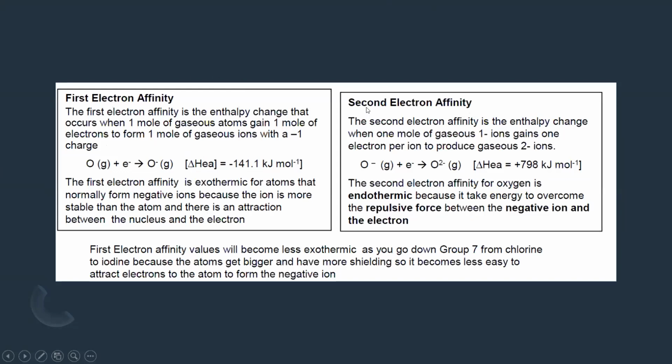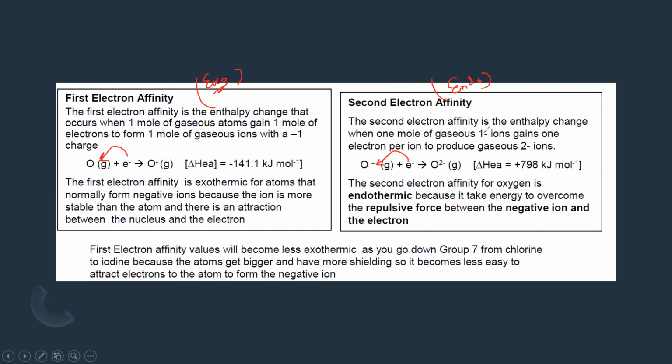First electron affinity and second electron affinity. The first electron affinity is the energy released when an electron is added to a neutral atom, and the second electron affinity is when an electron is added to an already charged ion. So the first electron affinity is always exothermic, but the second, third, fourth electron affinities are all endothermic.